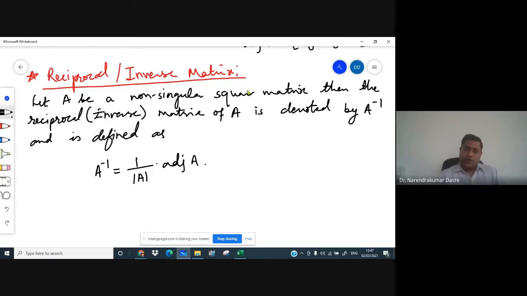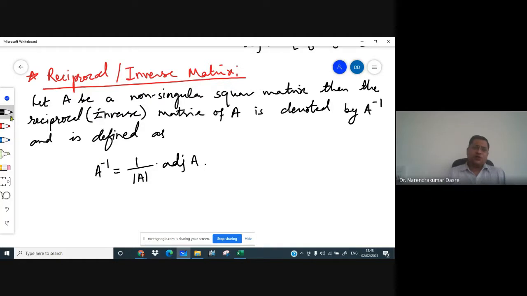Then we can calculate the adjoint, and knowing the adjoint and the determinant of A, we can calculate this expression, which is called the inverse or reciprocal matrix of the given matrix.